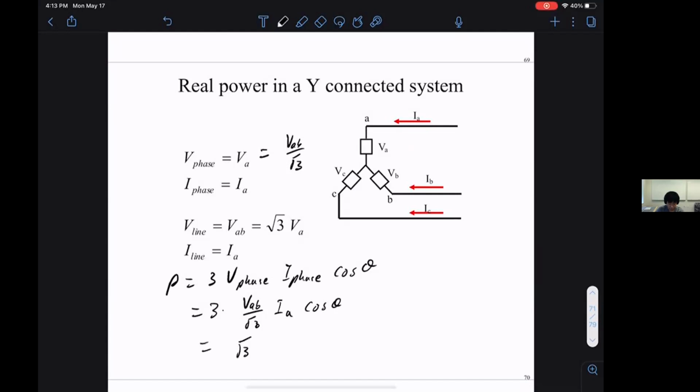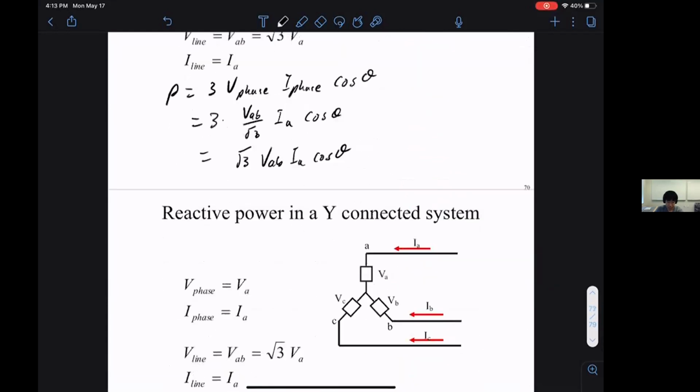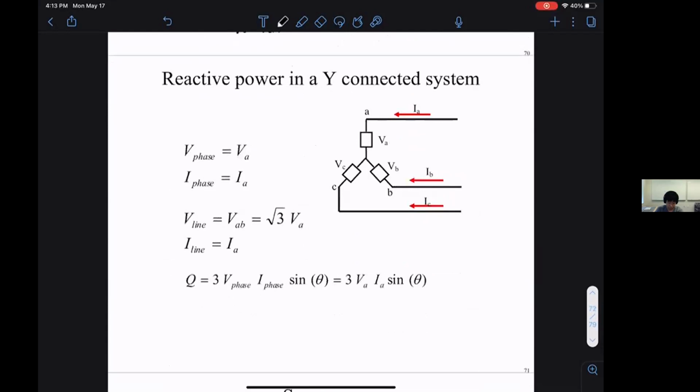This is again root 3 VAB IA cosine theta. So the equations are consistent, as we expect. You cannot magically get more power by converting a Y to delta, or by changing the model.